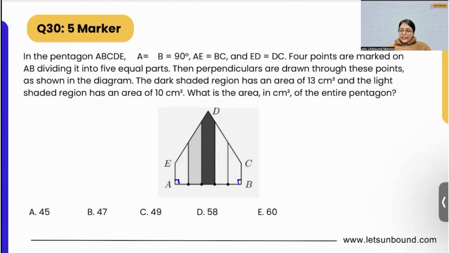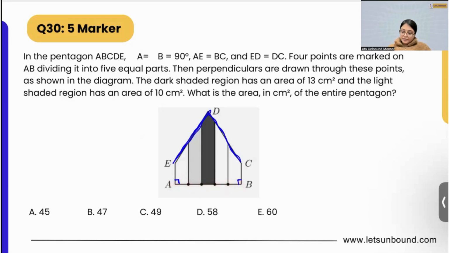And ED is equal to DC. ED, that means this side, is the same as this side. 4 points are marked on AB, dividing it into 5 equal parts. So now they are all equal parts. Can you see? These are all equal parts: 1, 2, 3, 4, 5.